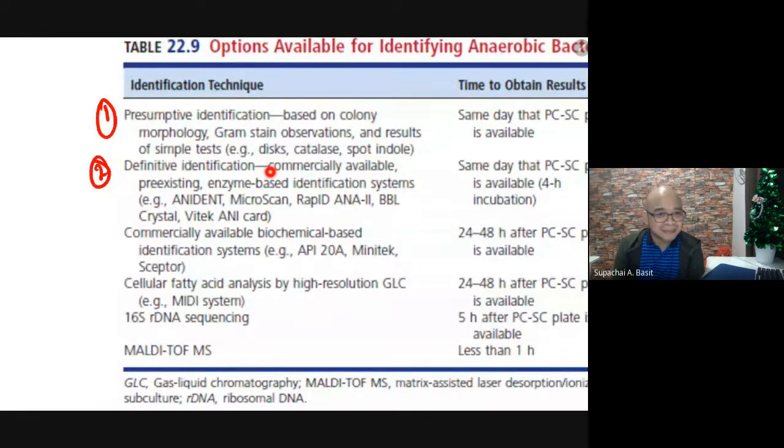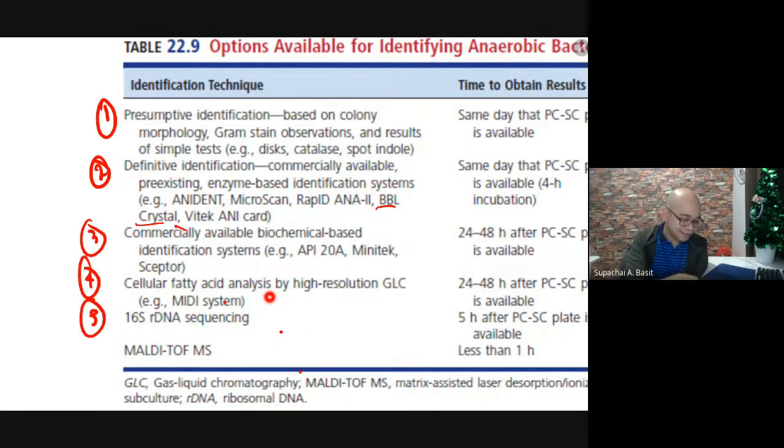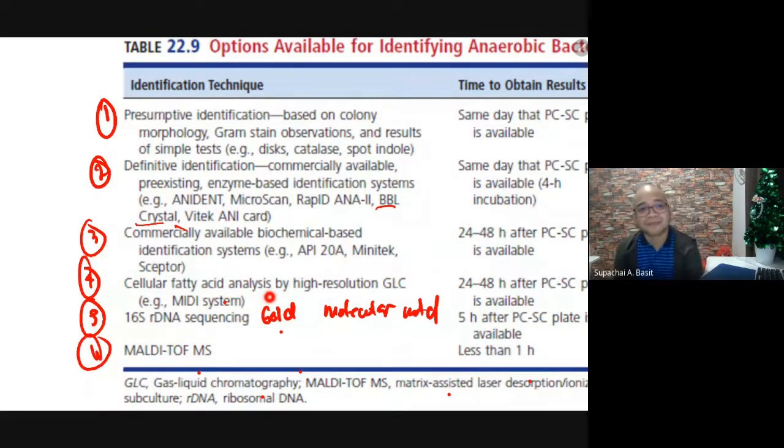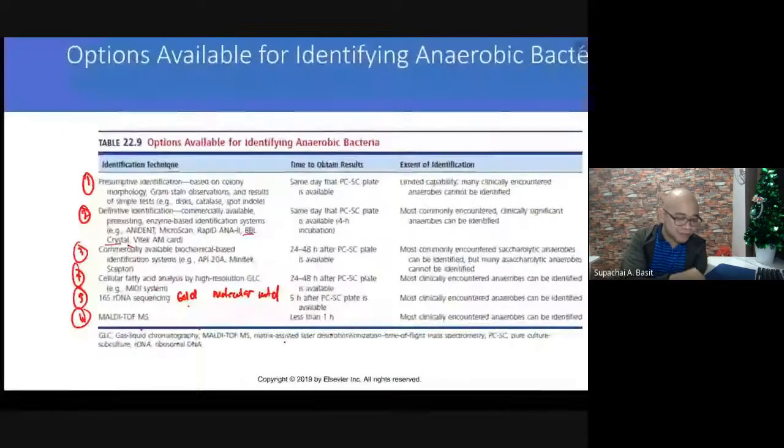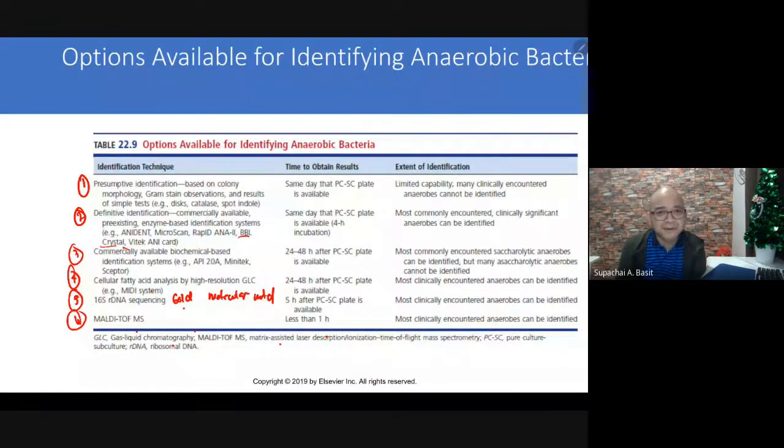And then it could be a semi-automated machine, katulad ng BBL Crystal ID, Vitek, or meron ding commercially available biochemical-based system, and then cellular fatty acid analysis. Pero ito yung pinakamaganda. This is the gold standard, kasi this is the molecular method. And then the MALDI-TOF MS. So these are the options for identifying anaerobic bacteria.